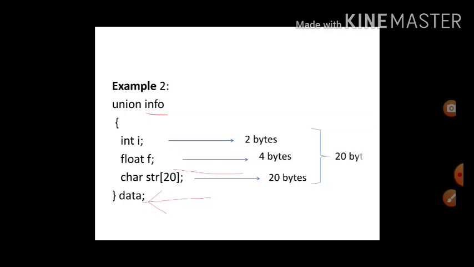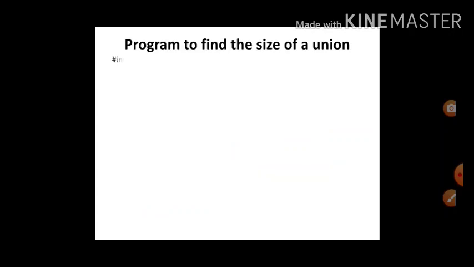This way we can find the size of the union, but still we will write a program to find the size of a union. The usual way, we start with our header files. And then we write our union. The name of the union is info. We create our union: integer I, float f, character string of 20, and now start writing the main program.